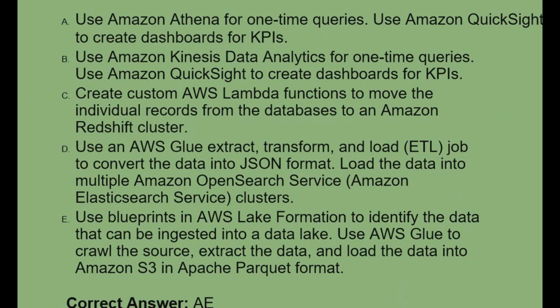Option C. Create custom AWS Lambda functions to move the individual records from the databases to an Amazon Redshift cluster. Option D. Use an AWS Glue extract, transform, and load (ETL) job to convert the data into JSON format. Load the data into multiple Amazon OpenSearch Service (Amazon Elasticsearch Service) clusters.